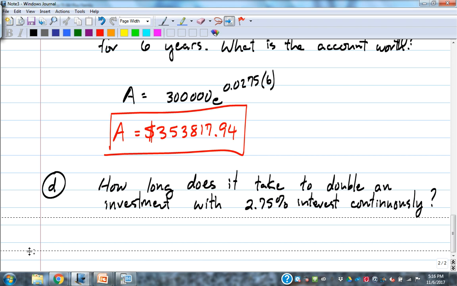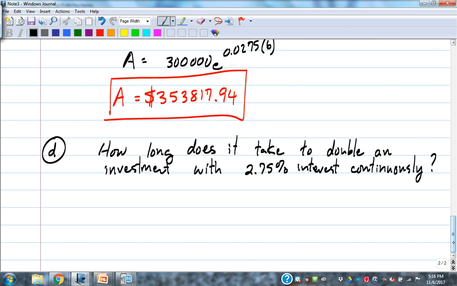All right, anytime they start throwing those words out like double, triple, quadruple, you can make your problem so much easier. Because if you're doubling an investment, the account worth is twice the amount you start with. You could pick any amount to start with. You could pick $1 million or $1, and the math will work out the same.